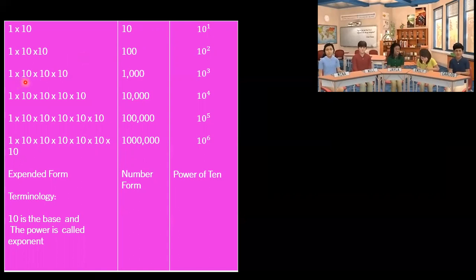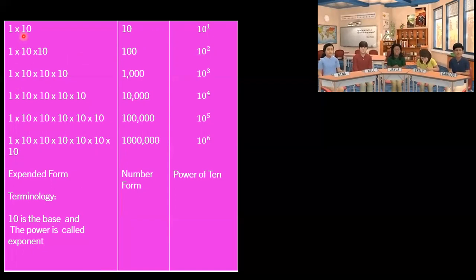How about 10 times 10 times 10? How much would that be? 1,000. And how do you know that? That's what we're going to learn today. 1 times 10 is 10.